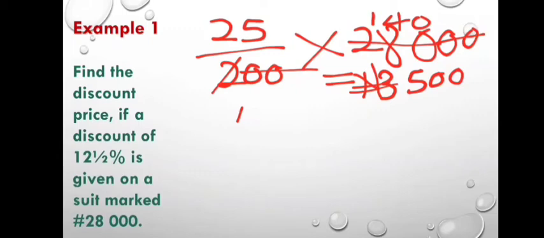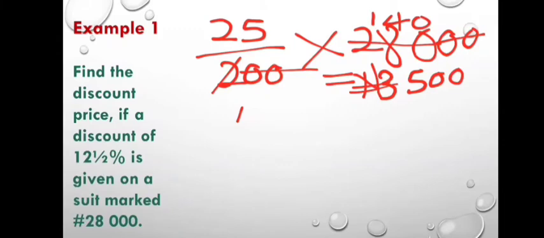So let's see what the buyer pays. Now to get what the buyer pays is to subtract this discount from the marked price, which is 28,000, and that gives us the discount price, which is the amount the buyer pays for the item.